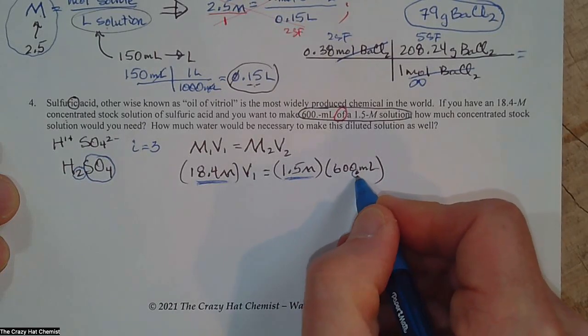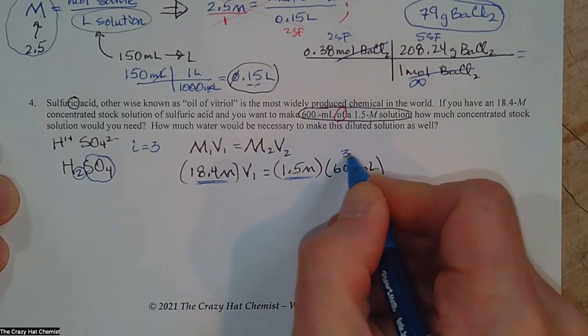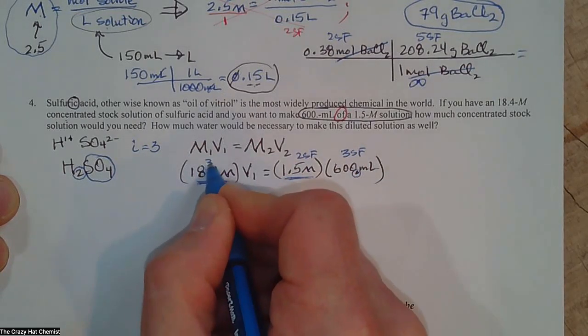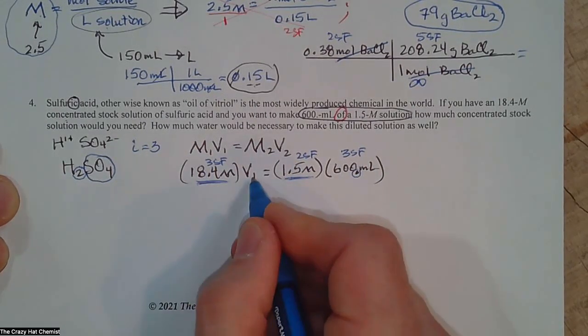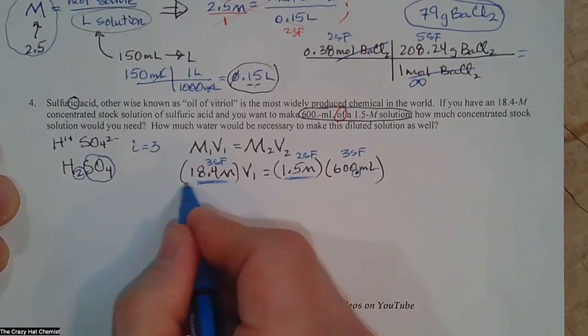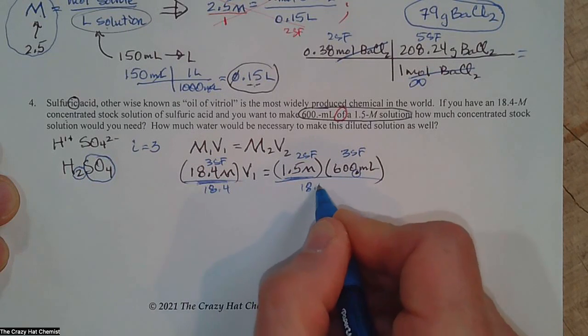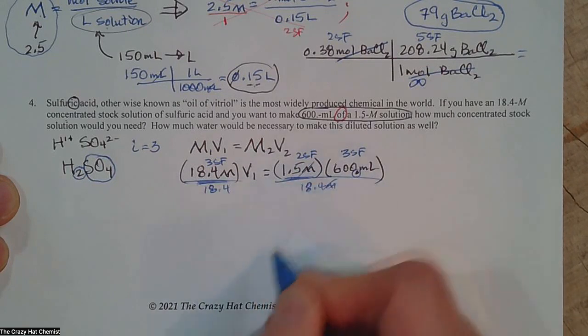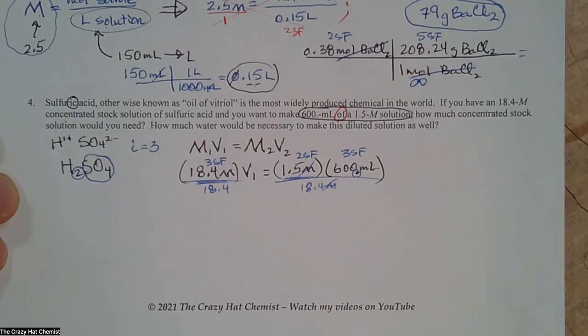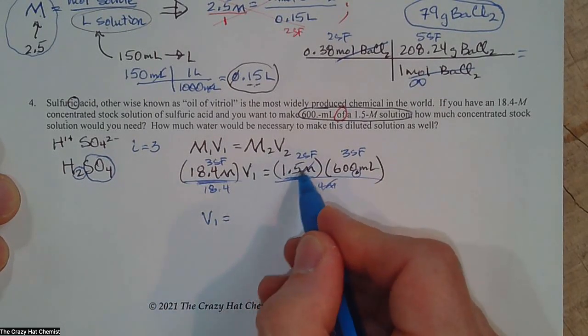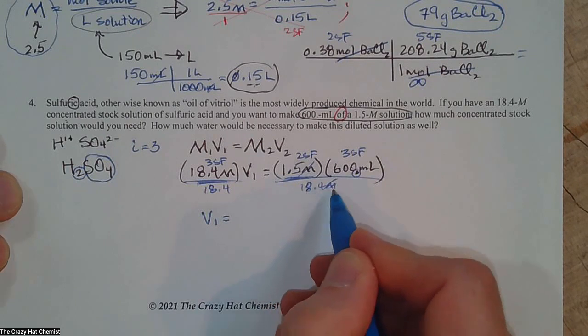Okay, this decimal right here lets you know that this number has 3 significant figures. This has 2 significant figures, and this has 3 significant figures. We're going to solve for V1. So we're simply going to divide both sides by 18.4 molar right here. And therefore the molarities cancel out, and I'm left with V1 equal to 1.5 times 600 divided by 18.4.